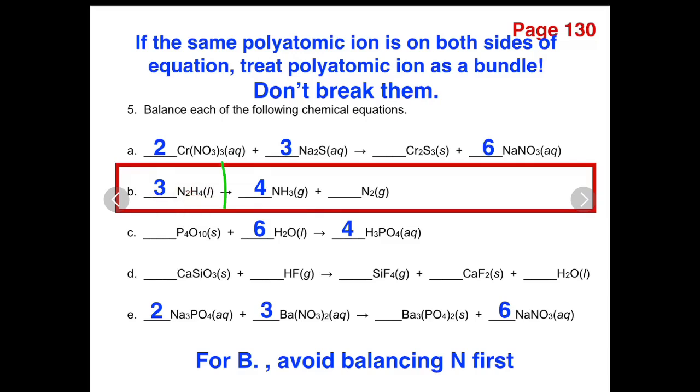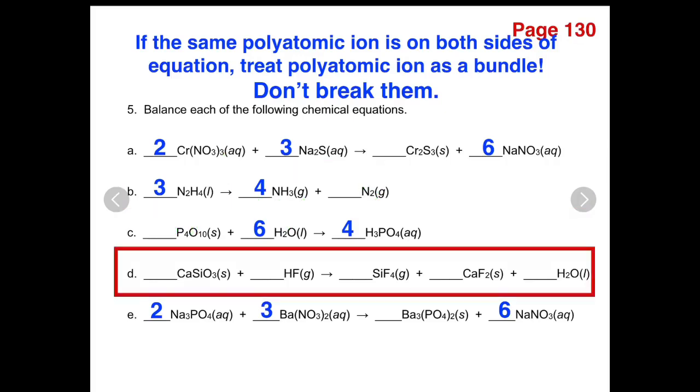The reactant side now would have 2 times 3, which equals 6 nitrogen. We have 4 nitrogen from this, plus 2 nitrogen from here, which is equal to 6 as well. So this chemical equation is already balanced. Check your answer.